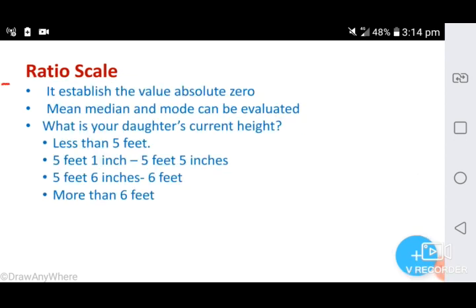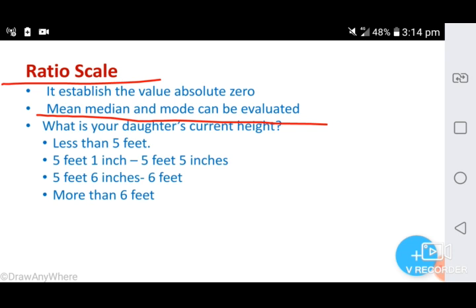Next one, ratio scale. It is the fourth level of measurement, which is quantitative in nature. Ratio scale not only produces the order of variables but also makes the difference between variables meaningful, along with the information on the value of true zero. Here mean, median, mode can be evaluated using the ratio scale.